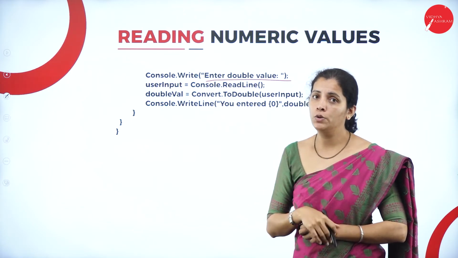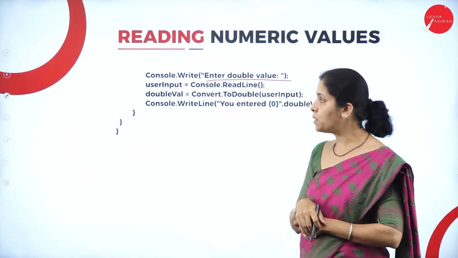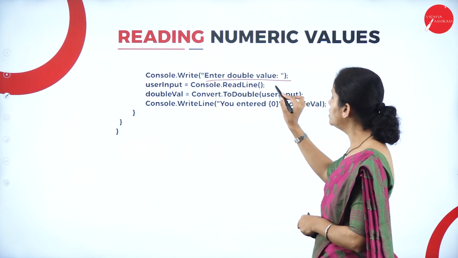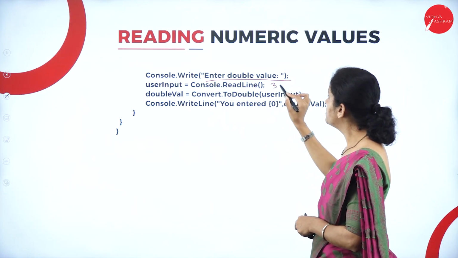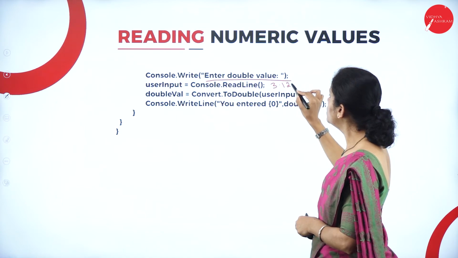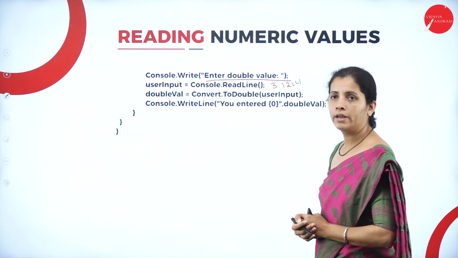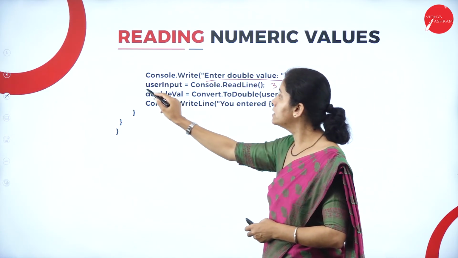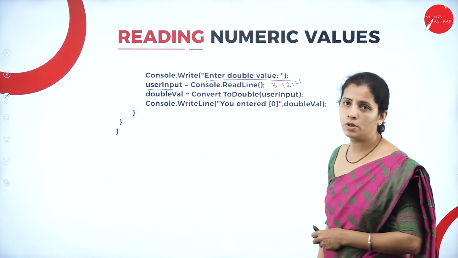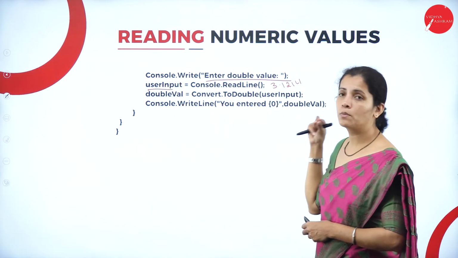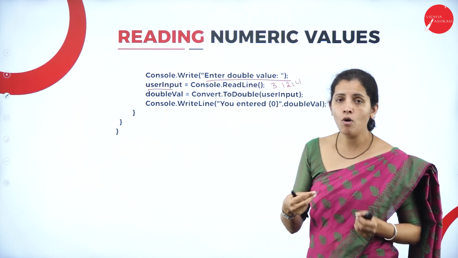Now, dear student, I'm going to display a message to the user that once again I want to read a double value, that is nothing but a fractional value, and I'm going to enter 3.1214. Now this is stored in userInput, and whatever input I provide is in the form of string.